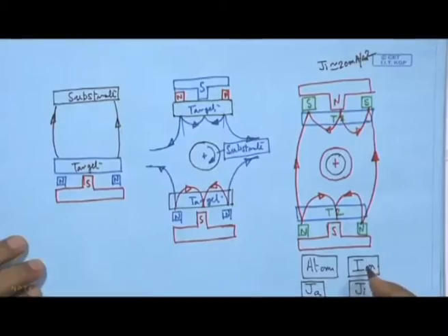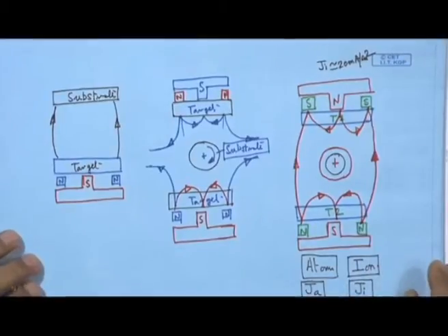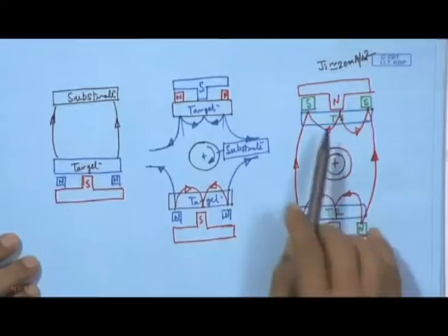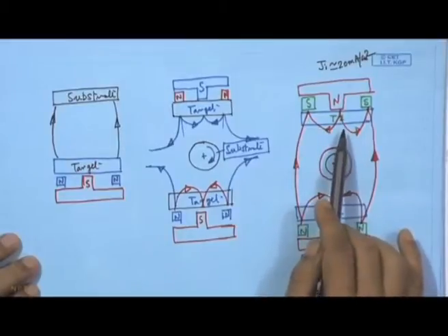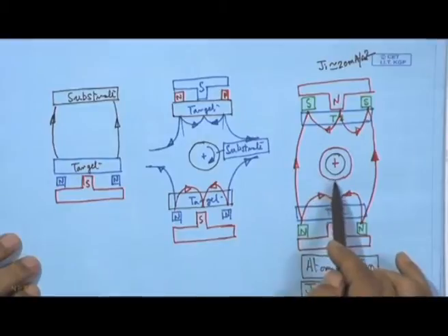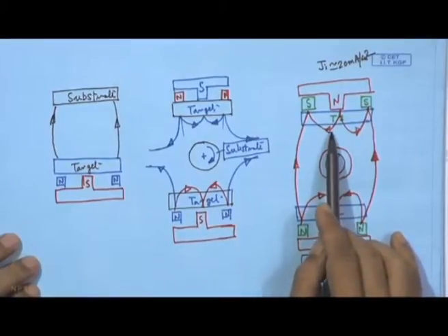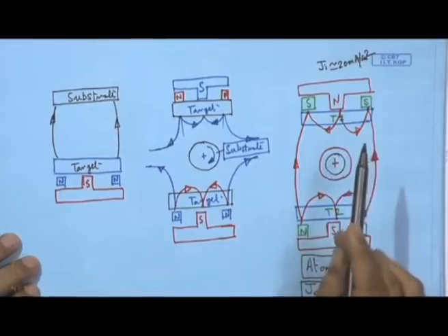But at the same time, the whole idea here is to have a flow of ions, and these ions are pulled from the surface of the target more towards this surface, because these ions are supposed to strike this target surface.